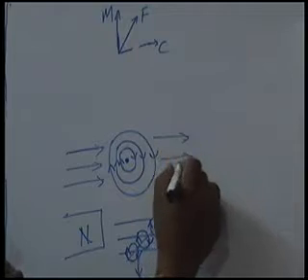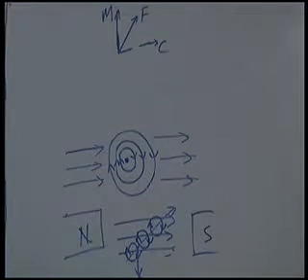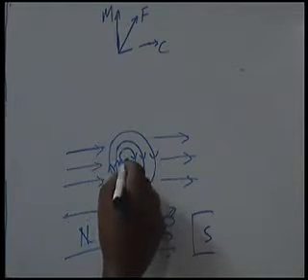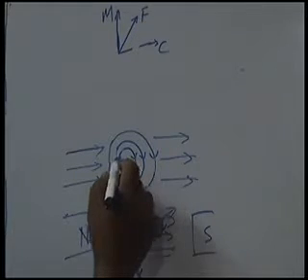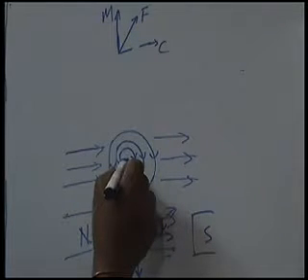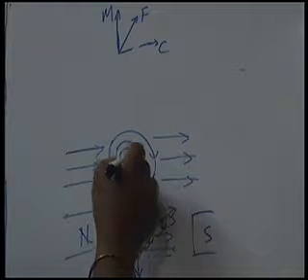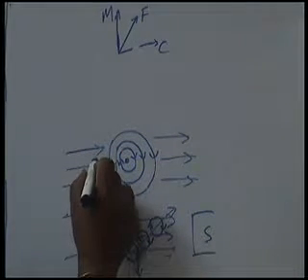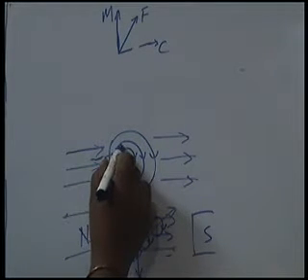So what happens is that, as you can see here, all the magnetic lines above this point, that means above this conductor here, are going and matching with the magnetic lines of the conductor.